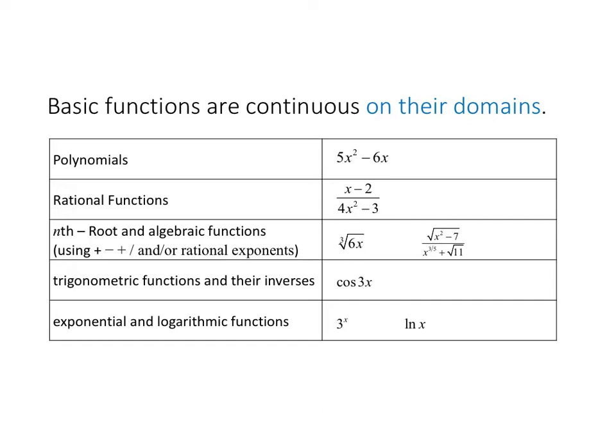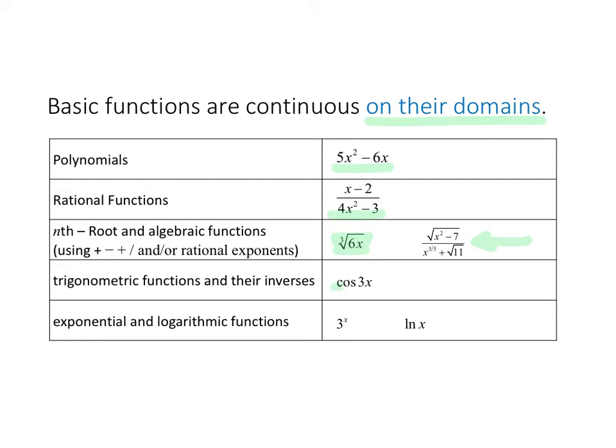We know that all polynomials are continuous as long as we think about their domain. So on their domain, every polynomial is continuous. Every rational function is continuous. Square roots, cube roots, nth roots are continuous, and algebraic functions that are composed of the basic operations are all continuous.